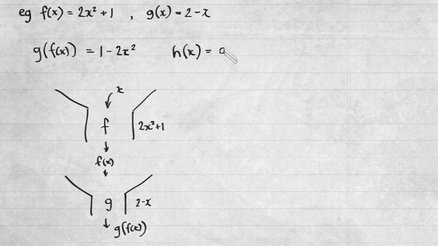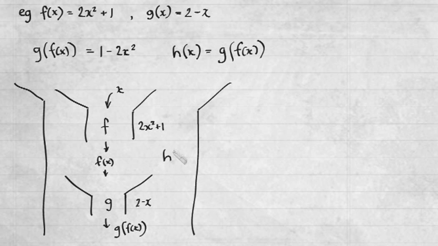And we can think of the whole two machines together as being h of x, the equivalent of g of f of x. So you can see it's important as to which machine comes first, and we start on the inside and move outwards.